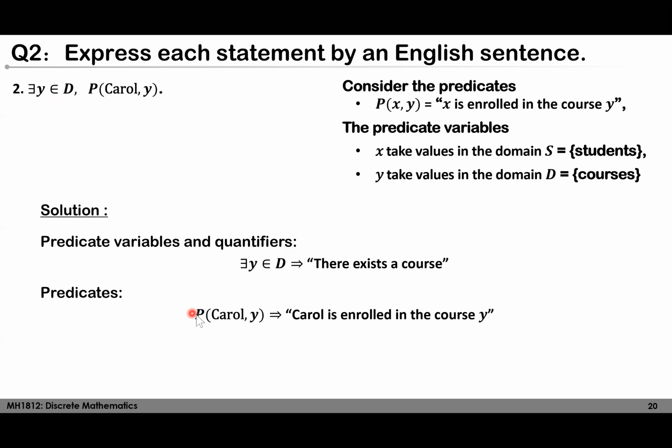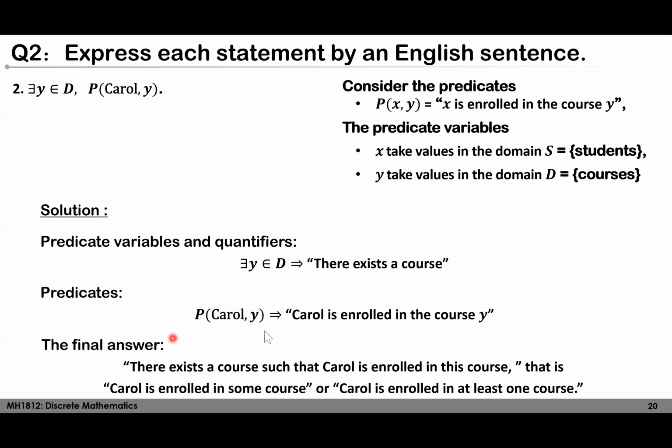And the predicate P of Cairo, y, and by substitution we get Cairo is involved in the course y. So the final answer: there exists a course such that Cairo is involved in this course. That's equivalent to saying Cairo is involved in some course, or Cairo is involved in at least one course.